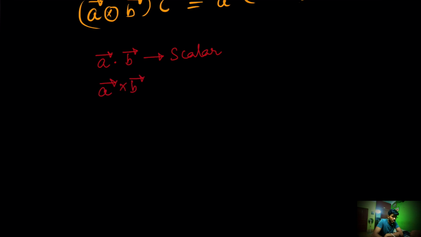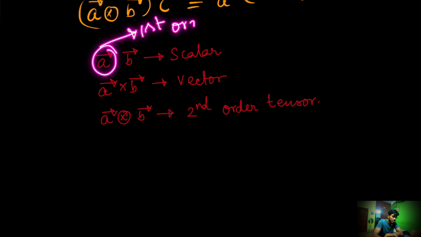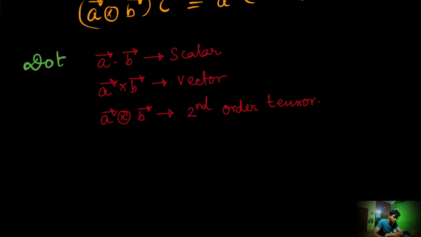A cross B is a vector, right? A dyadic B is a second order tensor. Now a vector is a first order tensor, right? So this is the dot product, this is the cross product, and this is the dyadic product.